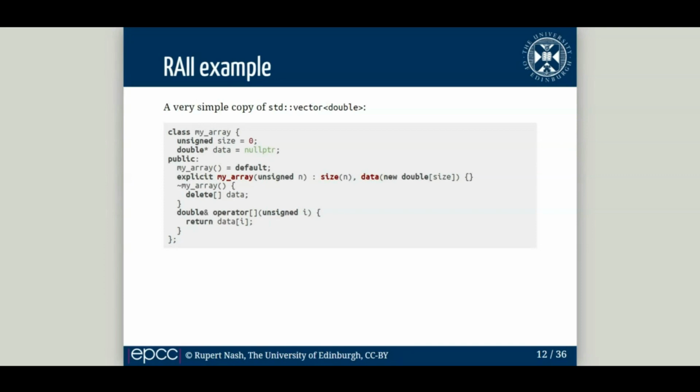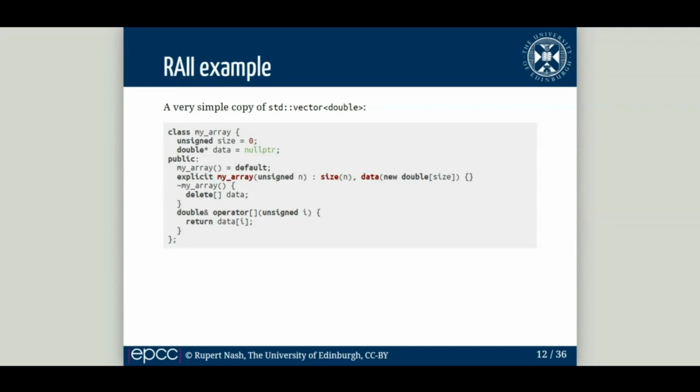The pointer will contain a chunk of double precision floating point numbers. You see that size is initialized to 0, and data is initialized to a null pointer. A null pointer is also the address 0. Normally at address 0 there is nothing, so we use this null pointer to check if the address is valid or has been initialized or not.